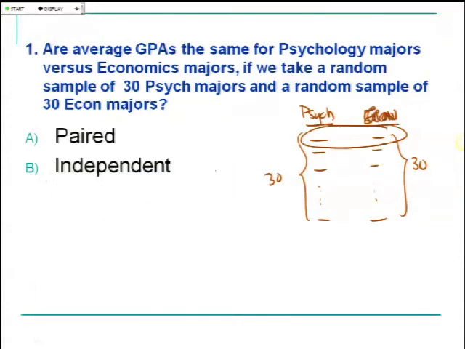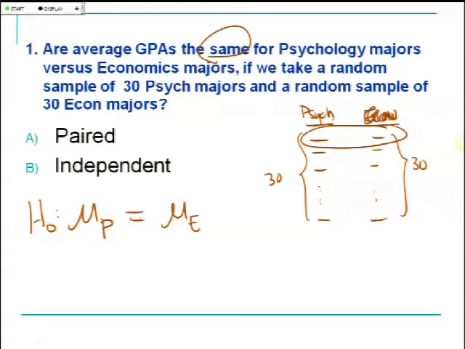Here we would be looking at the mean GPA for psychology compared to the mean GPA for the econ majors. We would be wanting to assess H0: are those two population mean GPAs the same versus are they different? Probably a two-sided hypothesis test. I will have two separate means.